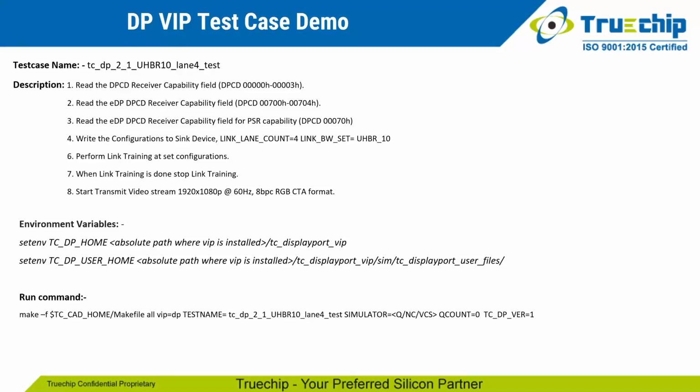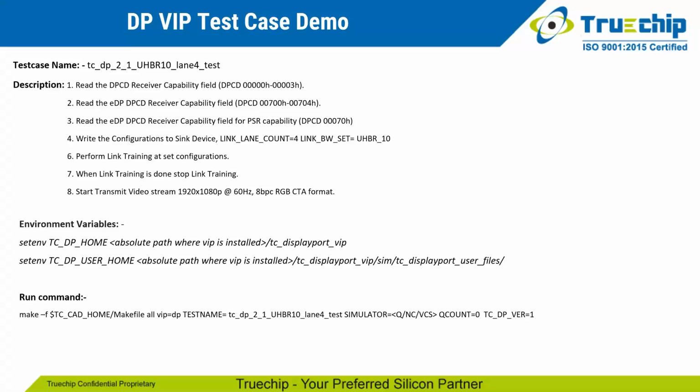Read the EDID DPCD receiver capabilities field for PSR capability DPCD 00070H. Write the configuration to sync device: link lane count equal to 4, link bandwidth set equal to UHBR 10. Perform link training at set configuration. When link training is done, stop link training. Start transmit video stream 1920 x 1080p at 60 Hz, 8 bpc, RGB, CTA format.